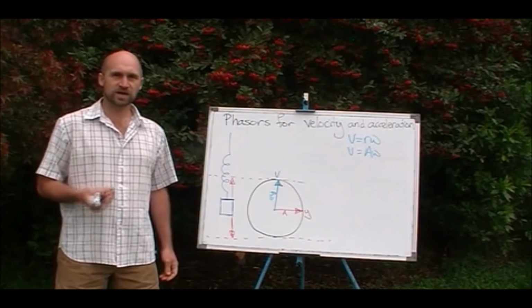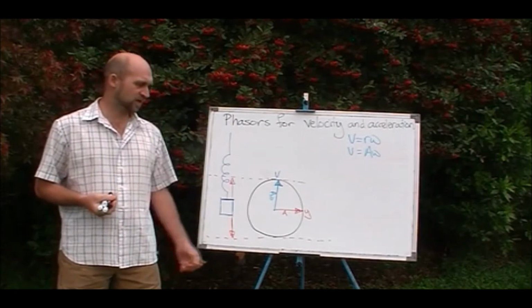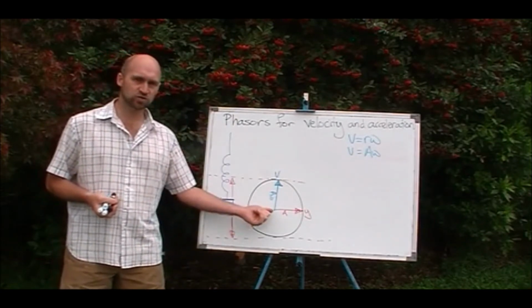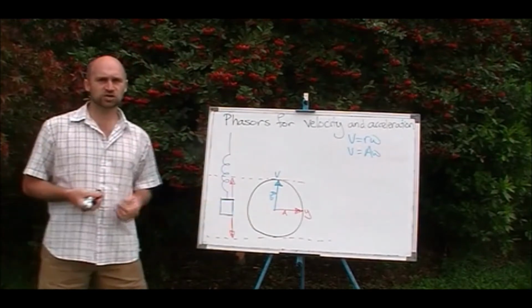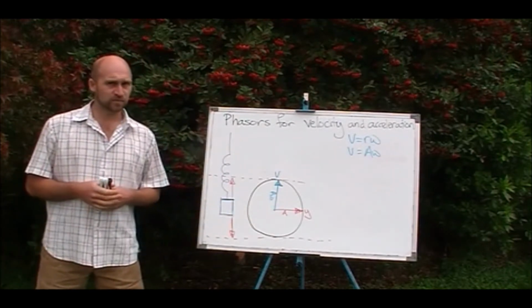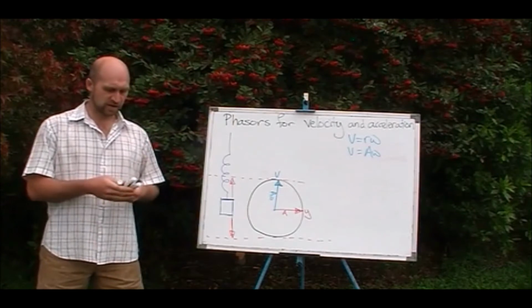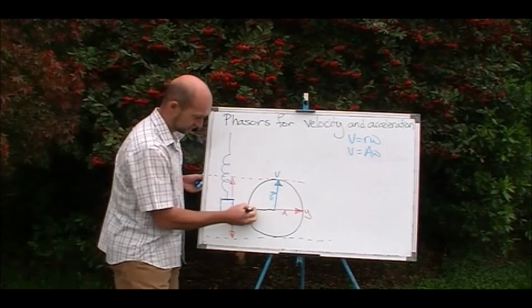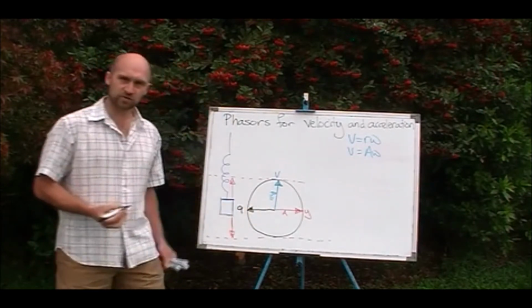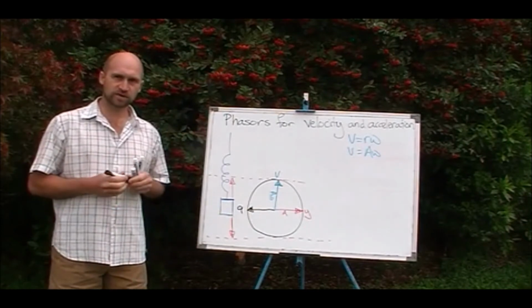And the way we can make that happen is having the acceleration phasor 180 degrees out of phase with the displacement phasor. In other words, the acceleration phasor is going to be pointing over there.